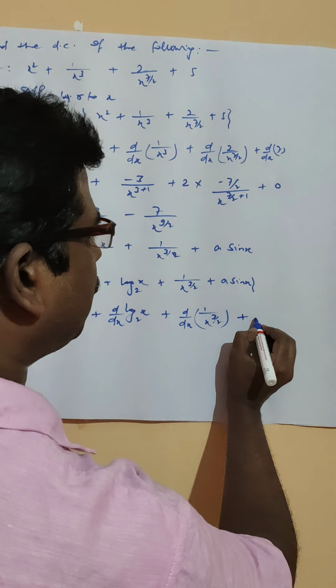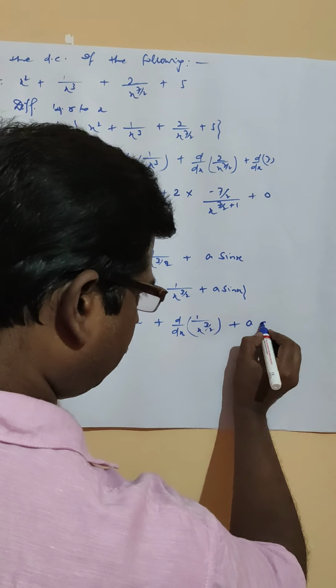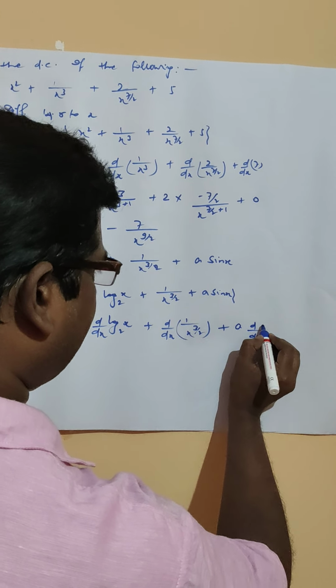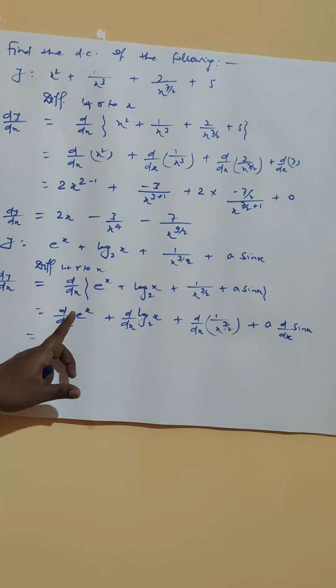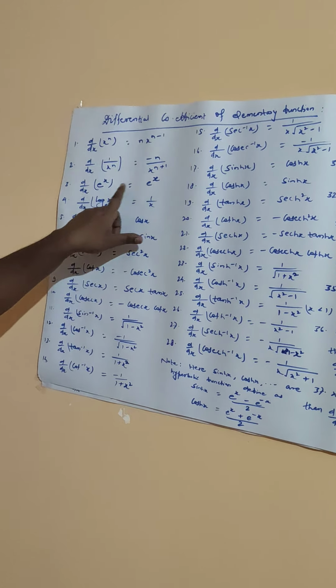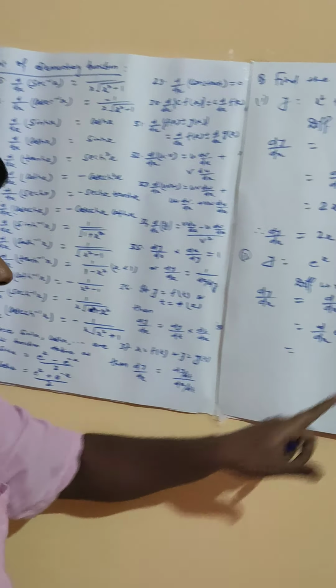Now we can separate each term. Here a is a constant, so we can take it common, d by dx of sin x. According to this result, the derivative of e raised to x is e raised to x.